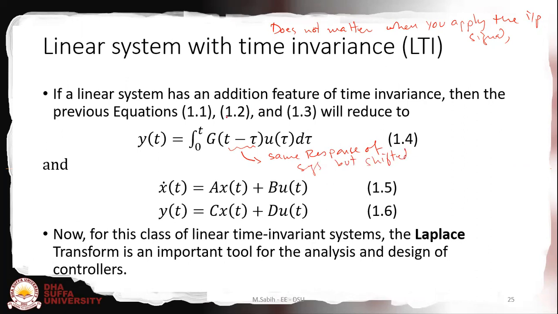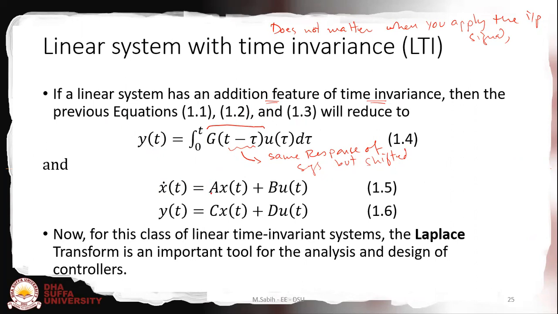Okay. So if a linear system has an additional feature, a relaxed or easier feature, that it is also time invariant, it means it doesn't matter when you are applying, it will behave the same way, except that it will only shift. So then the previous equations like 1.1, 1.2, 1.3 will change. y of t will become, this is the only change in equation 1.1.